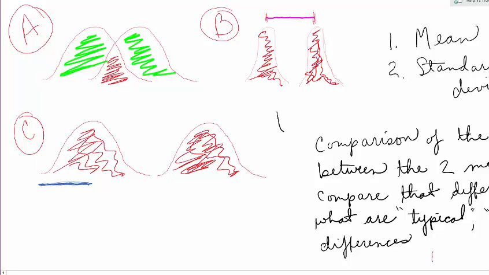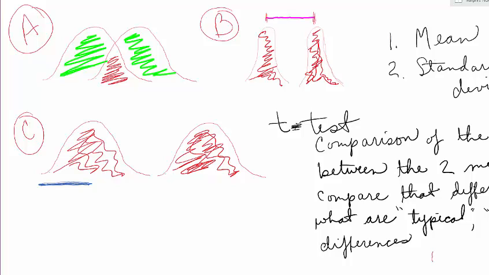This is done with something called a t-test. So a t-test is a comparison of the difference between the two groups, and then it compares that difference to what we might assume are typical or normal differences.